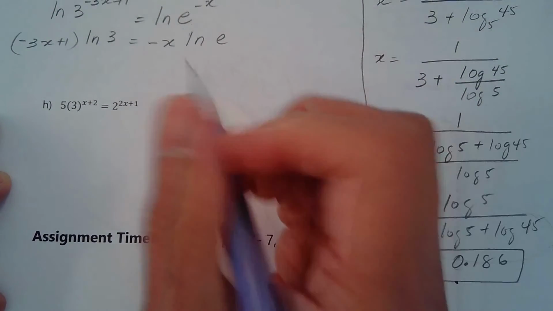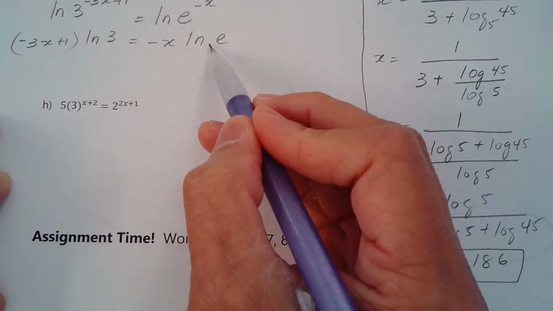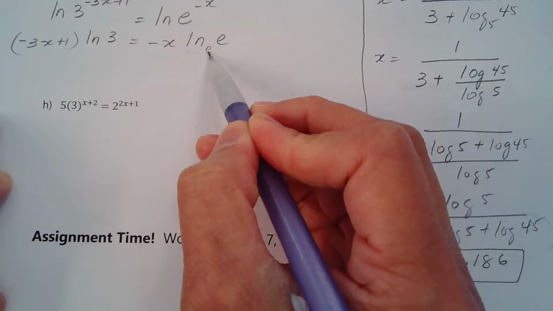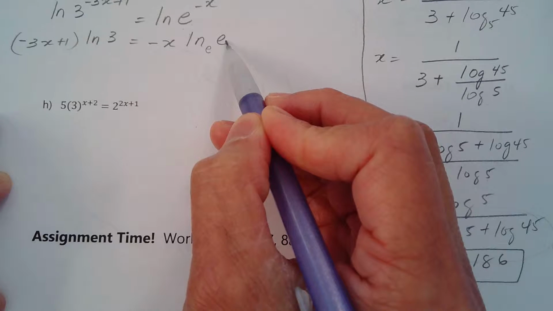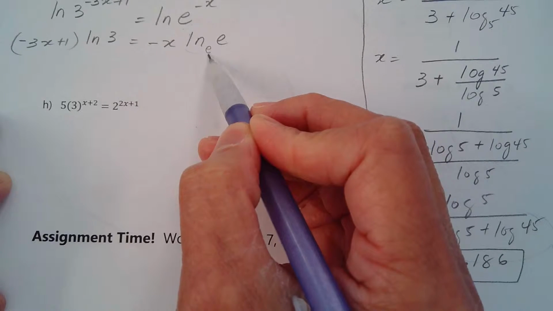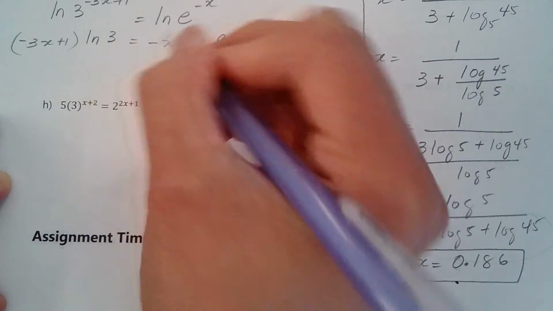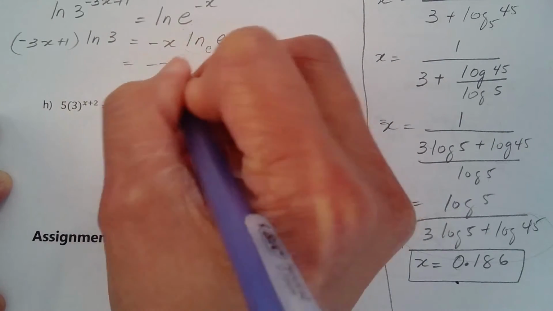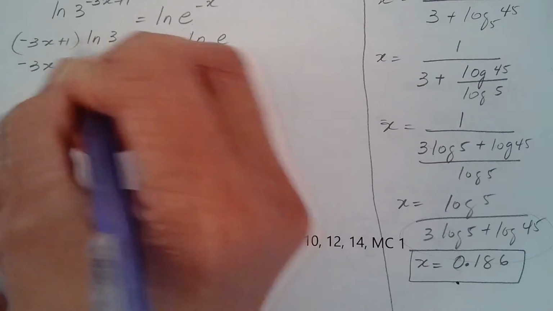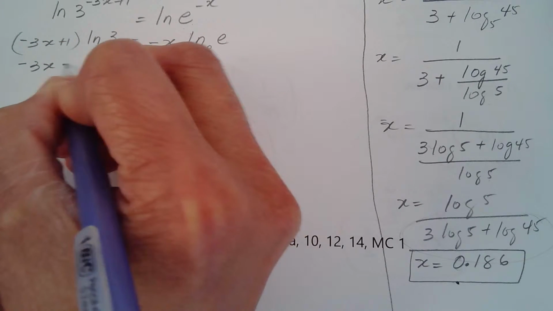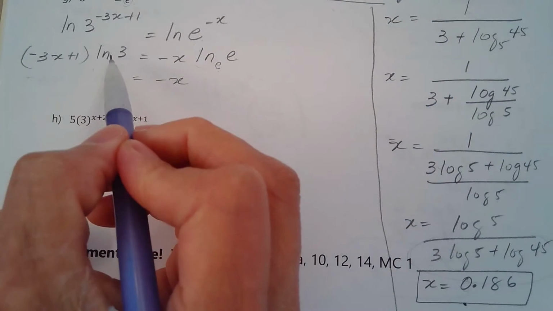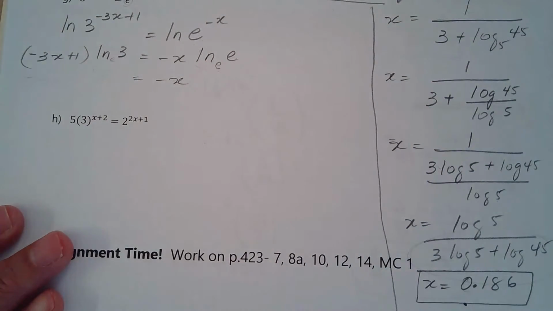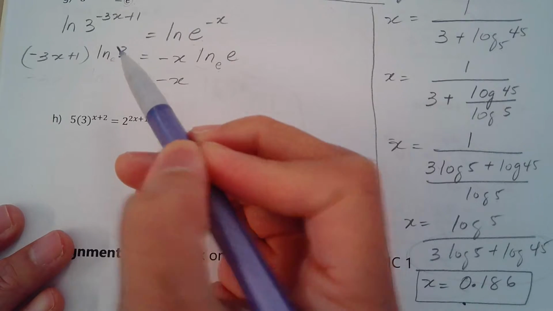Okay, now this part in here, this is a base e, right? e to what exponent will get e? That's just 1, right? It's 1. So it's going to be negative x, negative 3x, plus... this one here, this is not 1 because they operate with different bases.